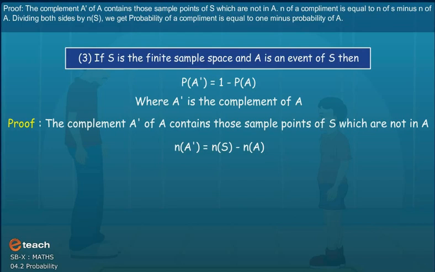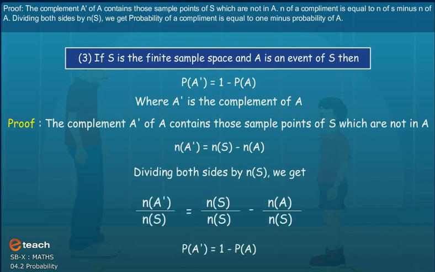Dividing both sides by n(S), we get probability of A complement is equal to 1 minus probability of A.